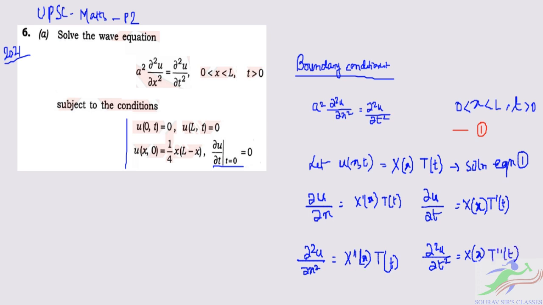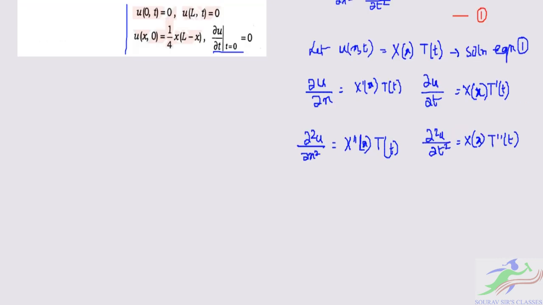Now if we substitute these expressions in equation 1, it will be a square X double prime T, which is equal to X T double prime, right?